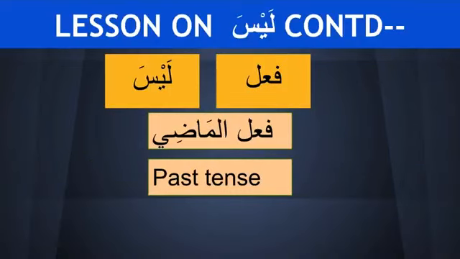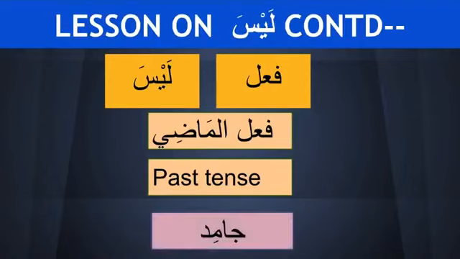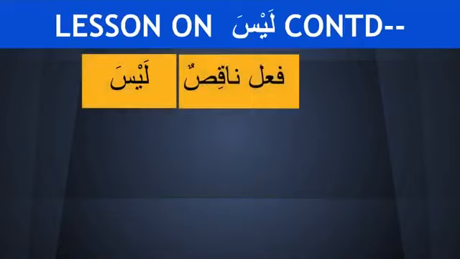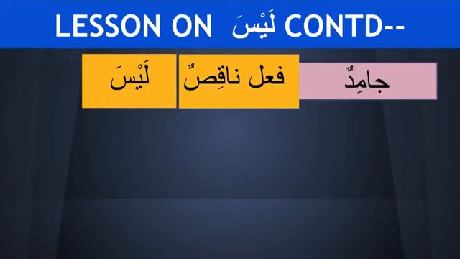Laysa is only in one form, which is the past tense. Therefore, it's called Jamid, which means it's fixed. So it doesn't move. We don't have a present tense type of Laysa. We don't have a command. So it's just one form. So Laysa is Fa'al Naqis and Jamid. Fa'alun Naqisun Jamidun.